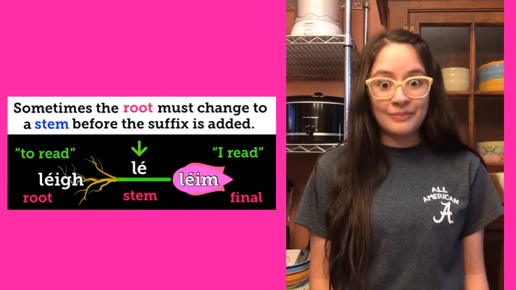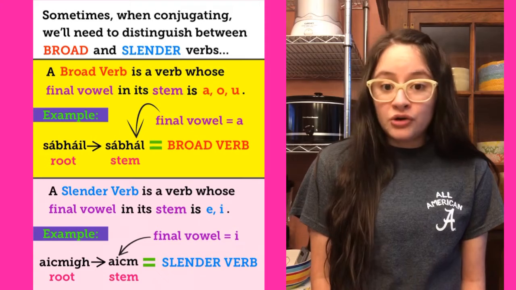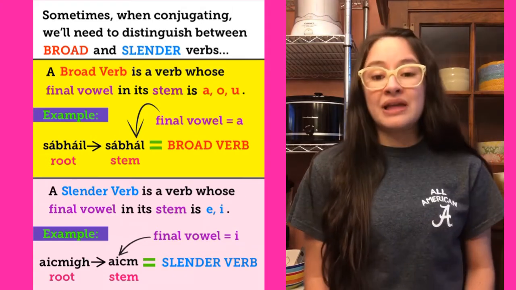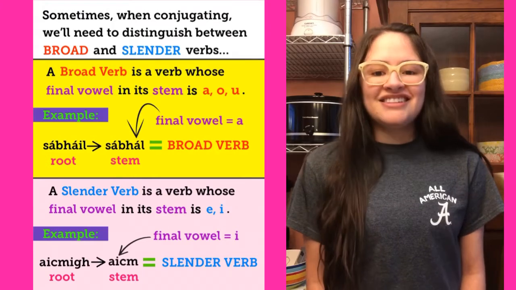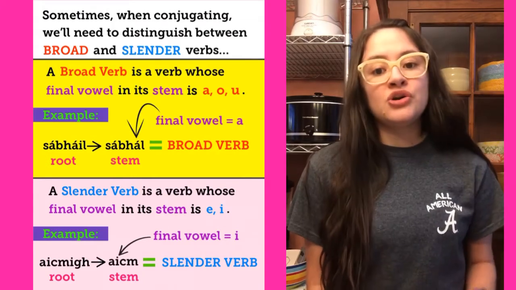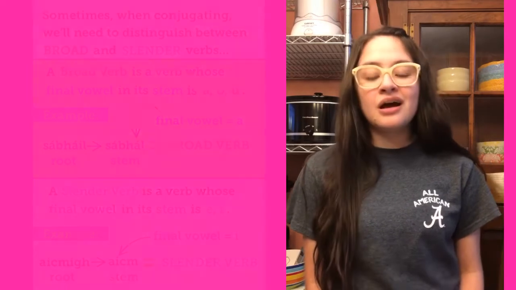We added I am. We also talked about the difference between broad and slender verbs. Broad verbs are verbs whose last vowel in its stem is A, O, or U, and slender verbs are verbs whose last vowel in its stem is E or I. And also, we talked about that there's two main groups of verbs in Irish: first conjugation verbs and second conjugation verbs.